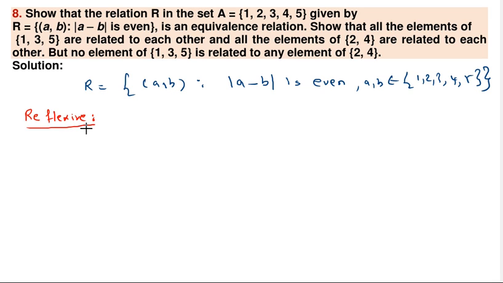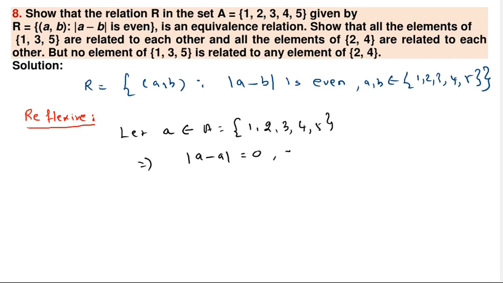So dear student, to discuss the reflexive case, we have to take any one member of the given set A. Okay, let a belong to the set A. The a can be either 1 or 2 or 3 or 4 or 5, and this implies, what is the absolute difference between a and a? 0, an even number.